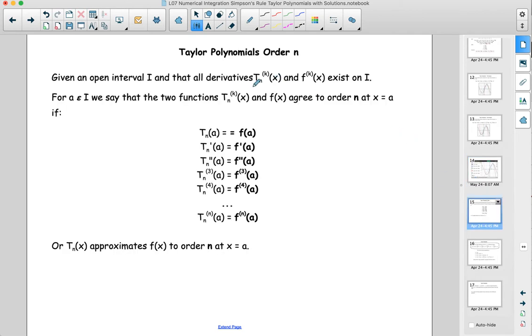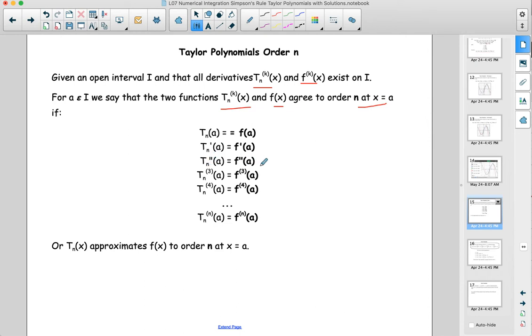So on an open interval, and we're going to presume that all of these derivatives exist, we say that two functions, this Taylor polynomial and f at x, agree to order n if the following is true. If we were agreeing out to order 5, then the fifth Taylor polynomial at a would be f at a. The first derivative of the fifth polynomial would be f prime. This would be the fifth Taylor polynomial.